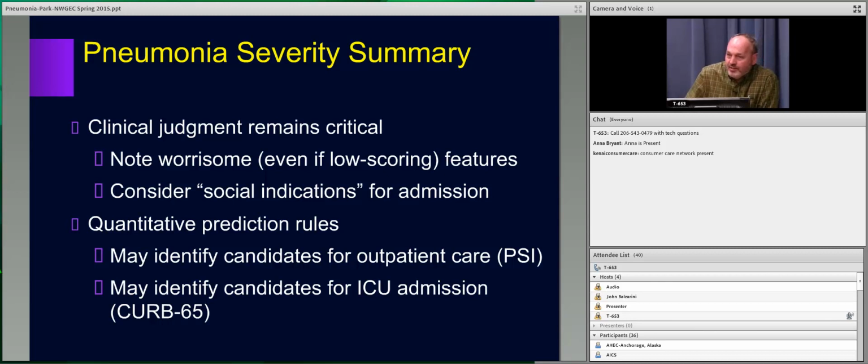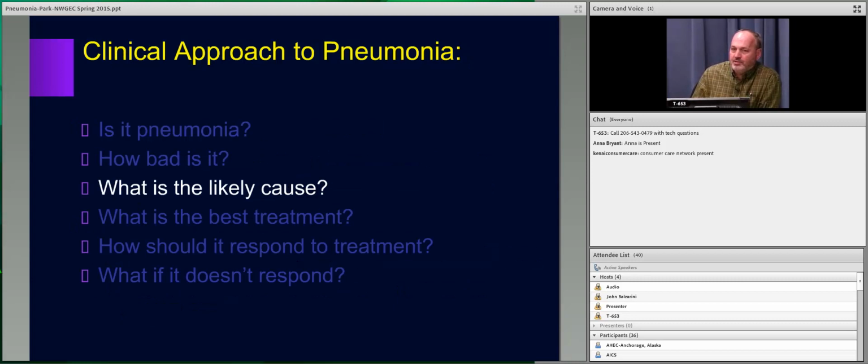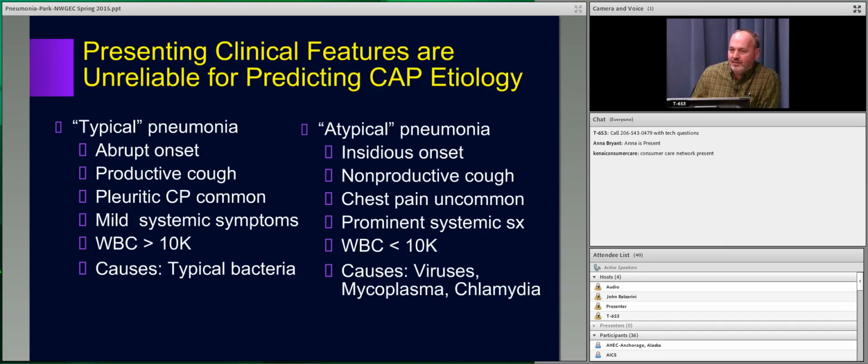We do have quantitative prediction rules, and they can help. They do help in places that offer a way to calculate them for us, identifying people who can be managed as outpatients, and identifying patients who aren't yet obviously going to the ICU, but who need to go to the ICU because of their high risk of deteriorating. Okay?